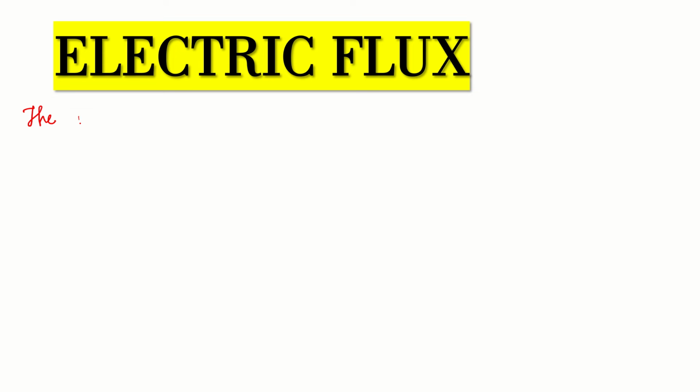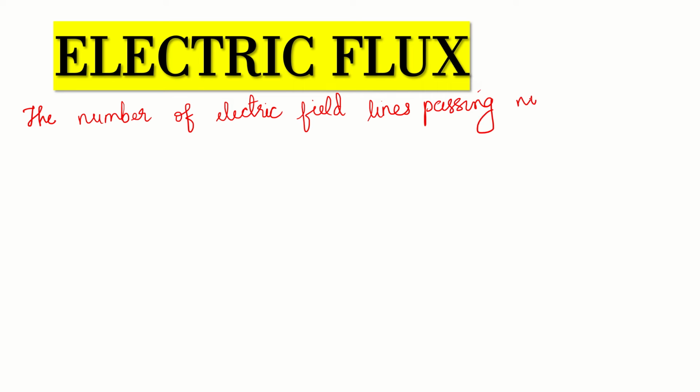It is the number of electric field lines that pass normal through a surface. The number of electric field lines passing normal through a surface is called the electric flux.